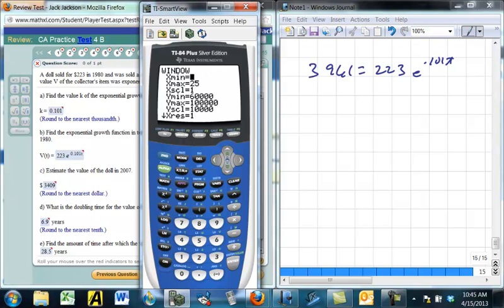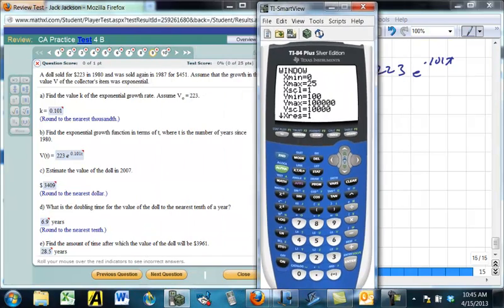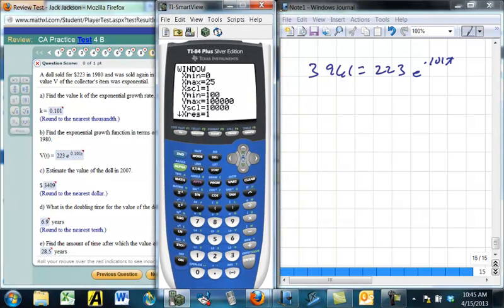Let's graph something here. Y's need to go from, let's see, 100 to, well, let's just go from 0 to 4,500. Go off 500s, let's say, and I don't know how far out we need to go. Let's go out 35 years.